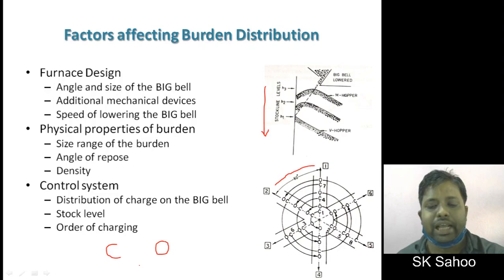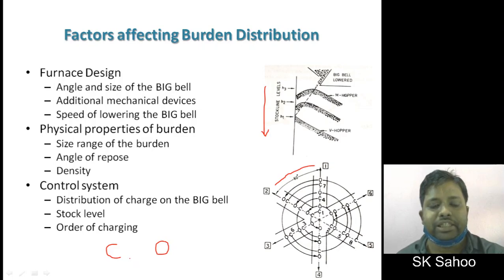With the usual M contour, a large volume of gases passes through the peripheral ring. Loading this space with iron ore leads to better gas utilization and less erosion of the wall lining by gas velocity. But excessive loading may restrict the uniform gas flow. So to maintain uniformity, we have to maintain a good order of charging.